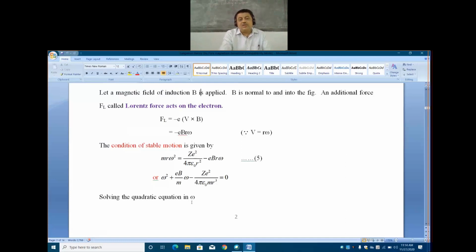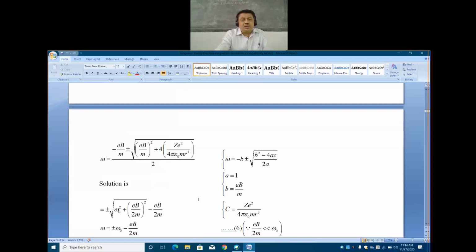We have rearranged the terms into a standard quadratic equation in omega, so we can solve this by the standard method.